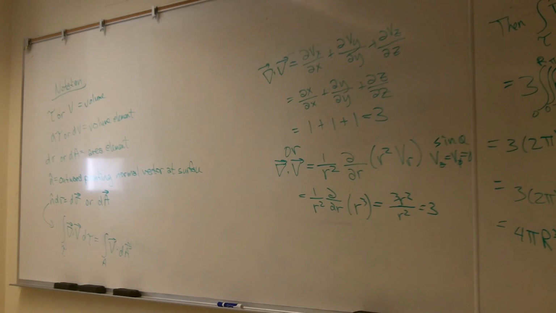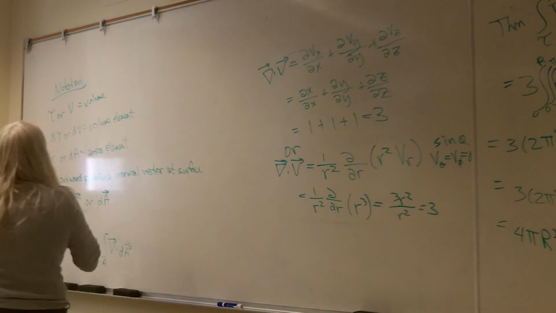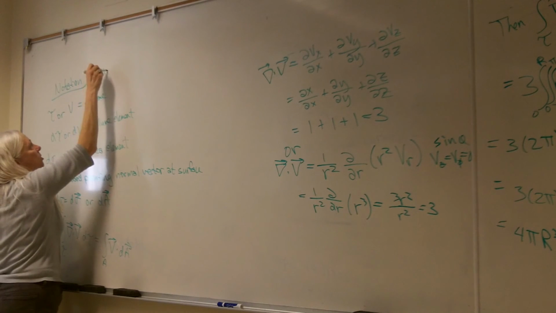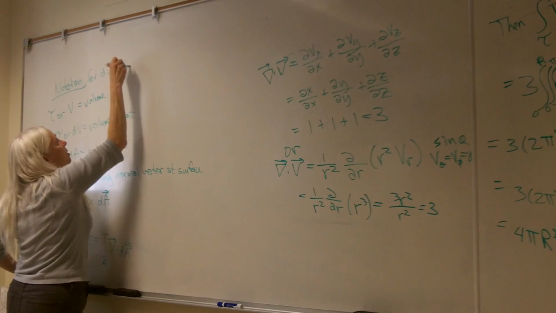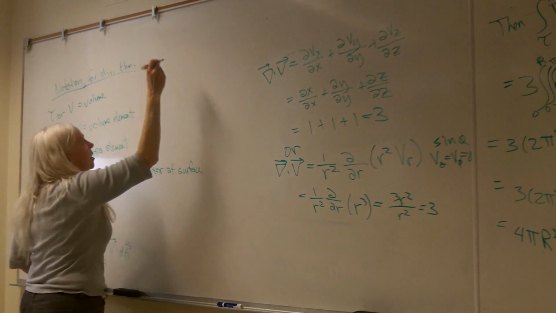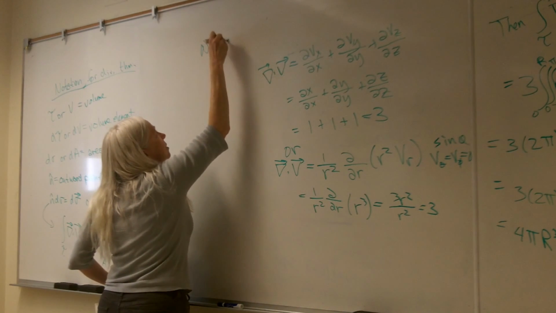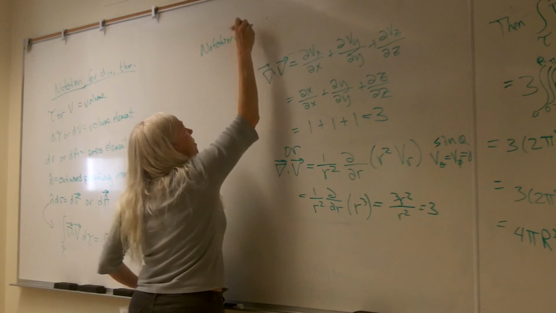There is a similar possible confusion in the notation. This was the notation for the divergence theorem. In talking about Stoke's theorem, there are also some questions of notation that vary from book to book.